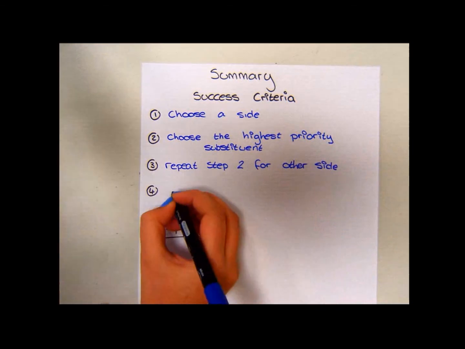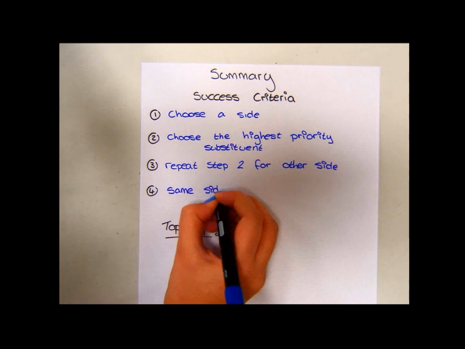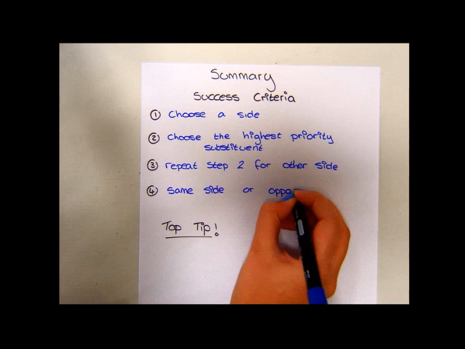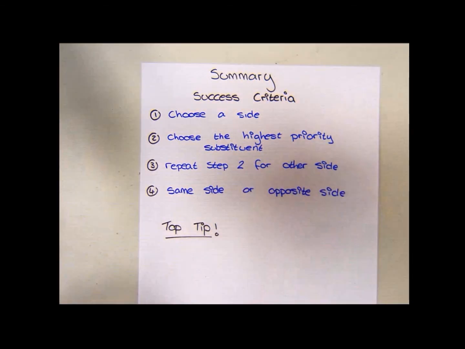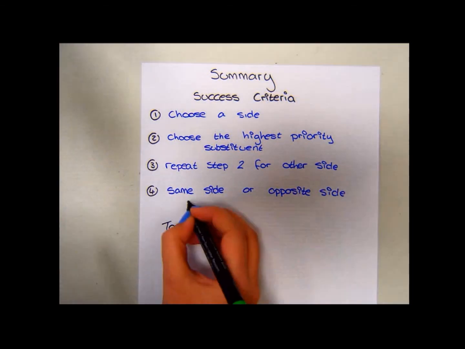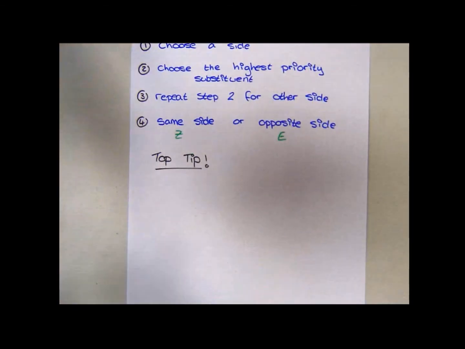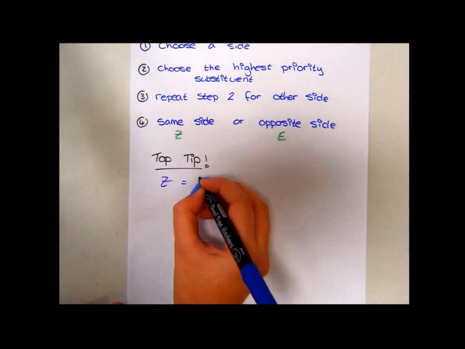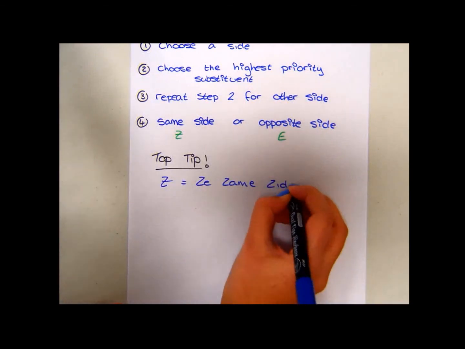And lastly, step 4 is to look, is it the same side or opposite side? Which will then tell us whether it is Z or E. And a top tip to remember when doing it is that Z equals Z same side.